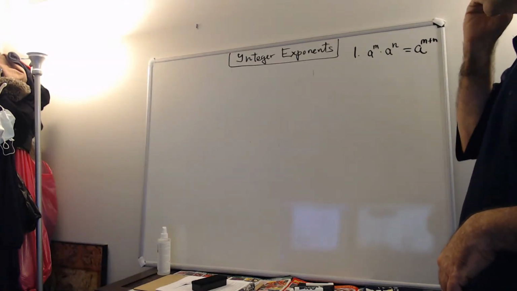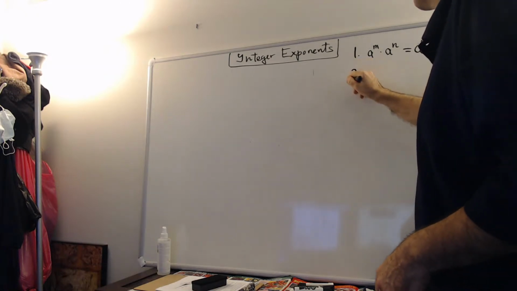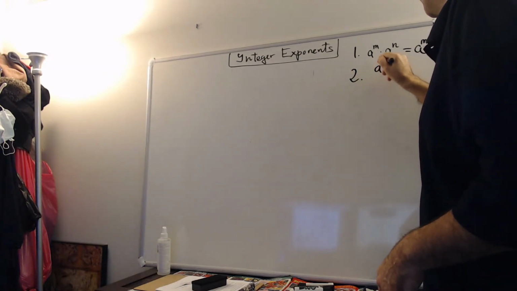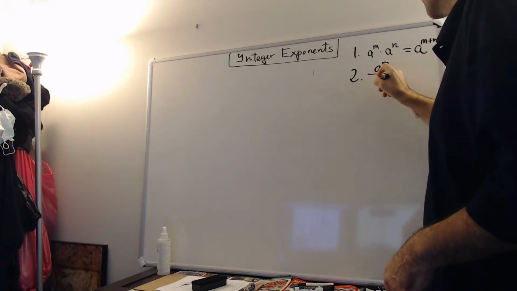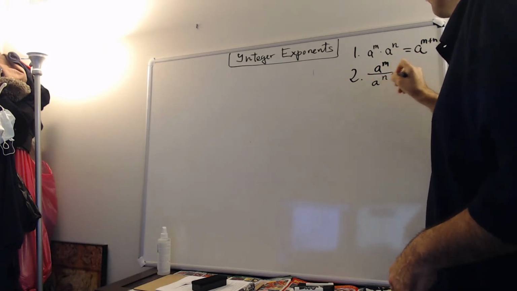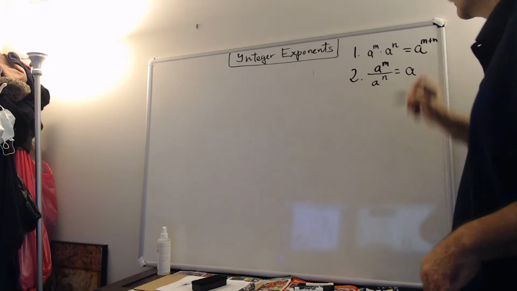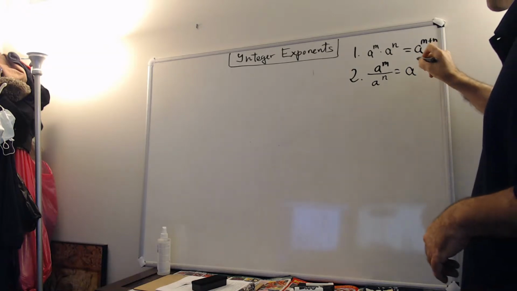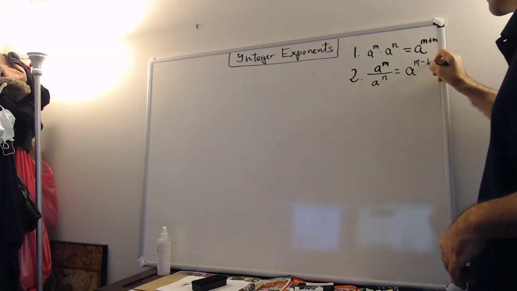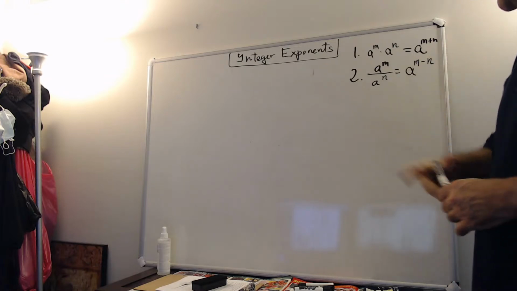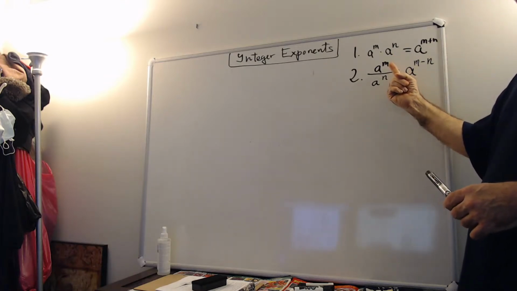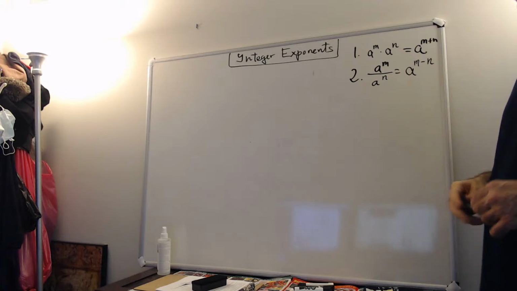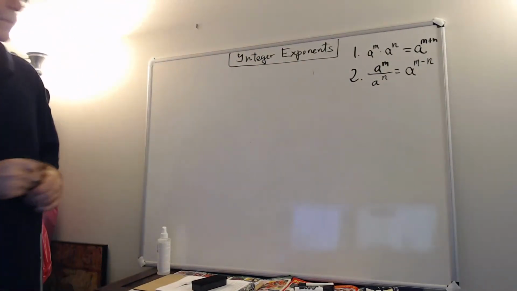By the same token, when you're dividing two powers that have the same base, you're going to write that base again, and you're going to subtract, in this order, the exponent on the top minus the exponent on the bottom. Okay, let me show you why that is the case.